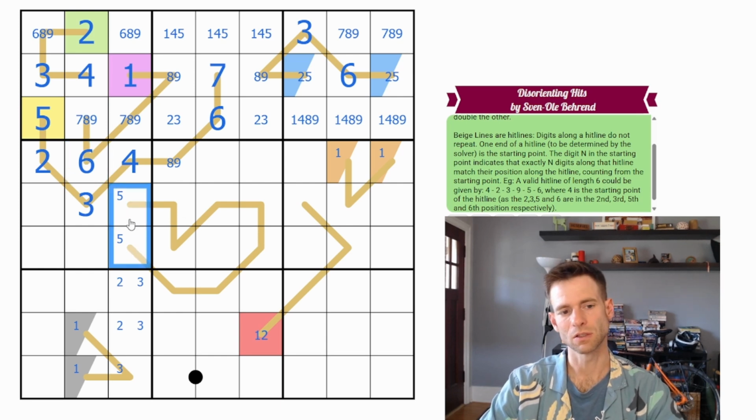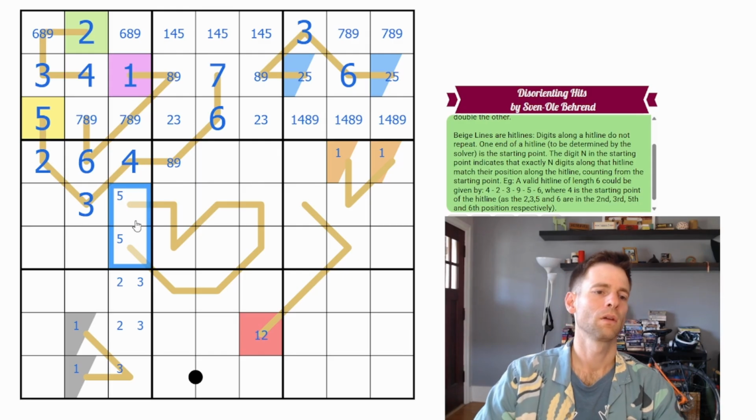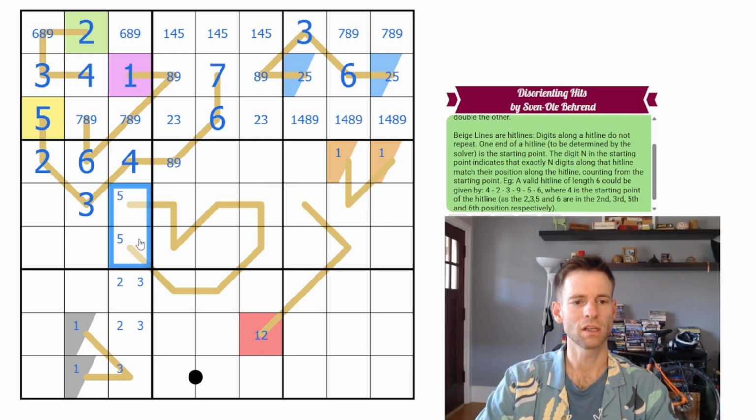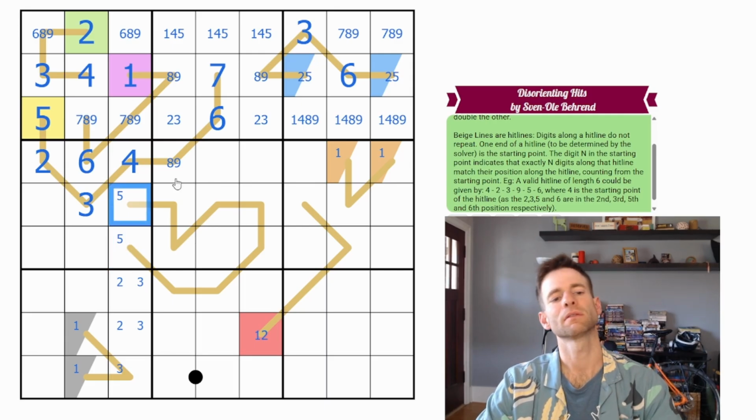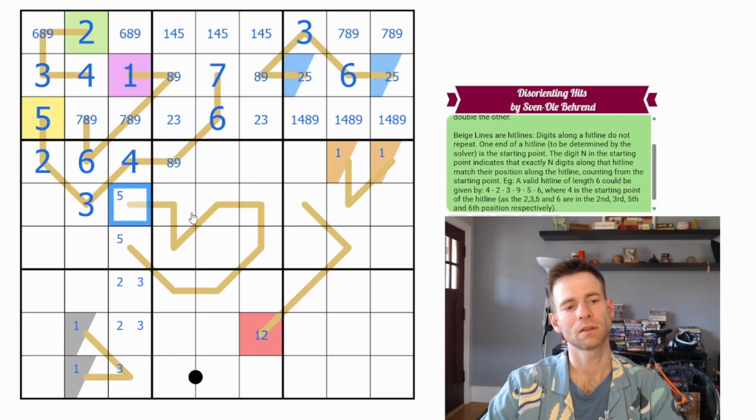What's a 5 gonna do? Same deal. I wonder if there is a way to do this. This just seems really convoluted. If this is a 5, there still are going to be 3 things missing.